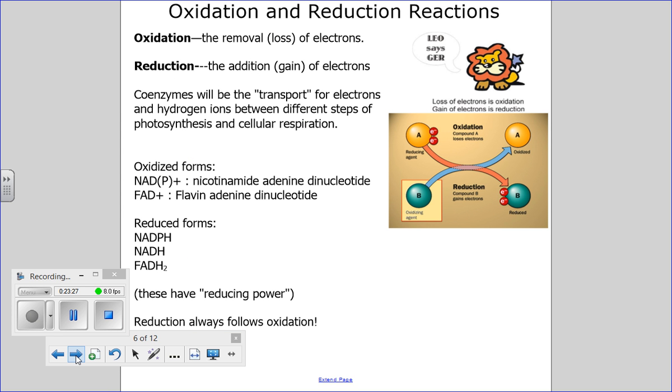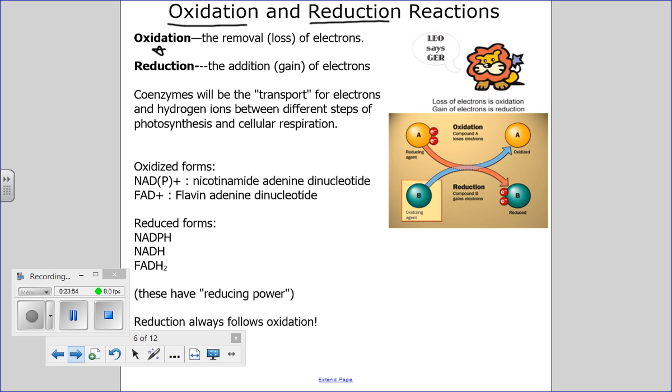So what we need to talk about next is an idea of what type of chemical reaction is happening. And so we're going to talk about oxidation and reduction reactions. Now, oxidation, really generally, if we were to talk about chemical reactions overall, oxidation is the removal or the loss of electrons.